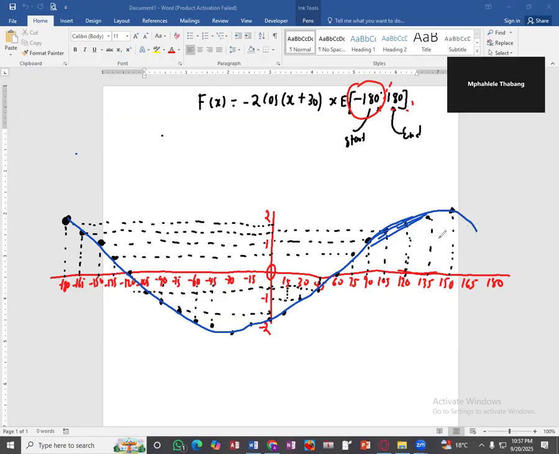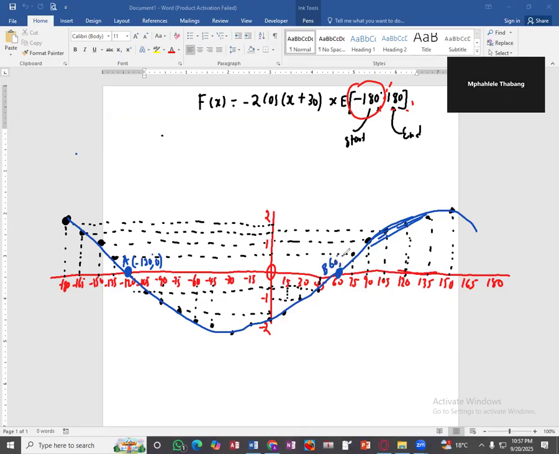So the most important thing on the graph is to show the intercepts. So I have the x-intercept here, let me just call it A. It's minus 120 and 0. I'm showing the x-intercept. And I have another x-intercept, let me call it B. It's 60 and 0.